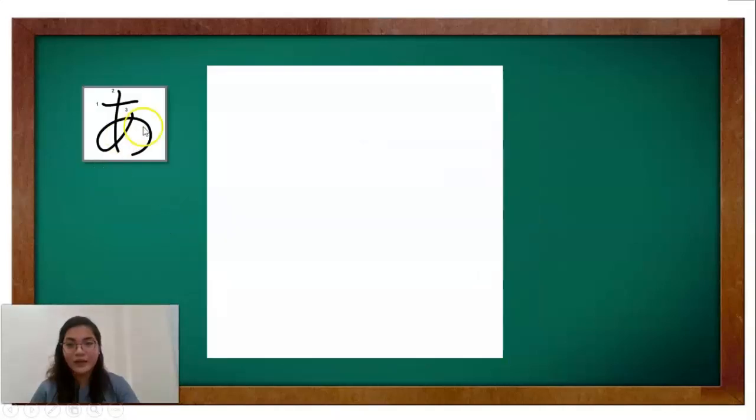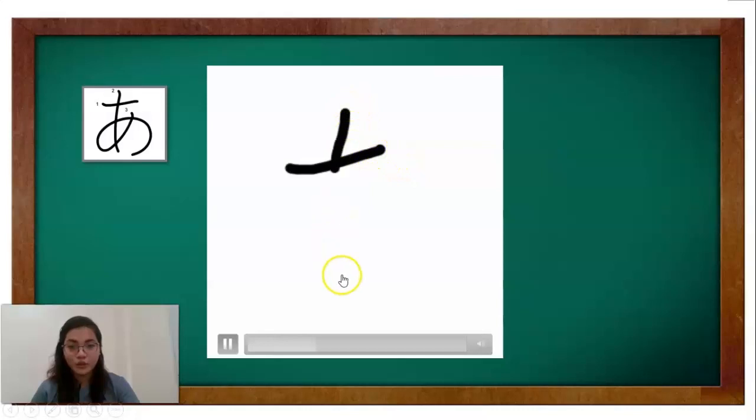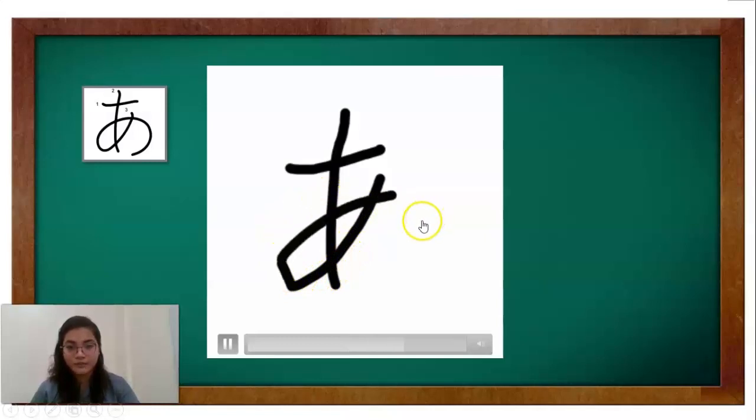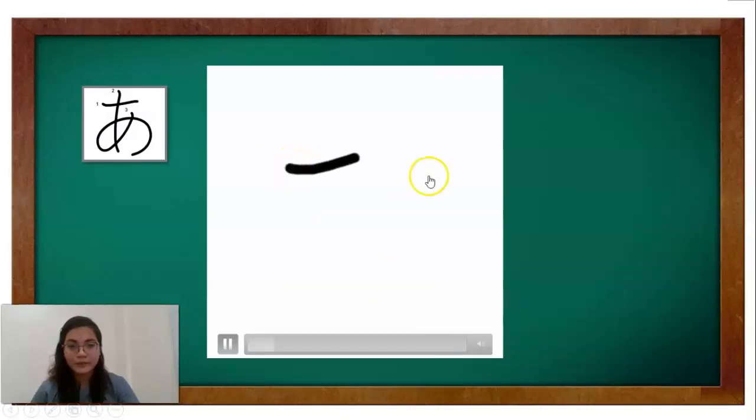A. A has 3 strokes. 1, 2, and 3. Okay, let's try it again. 1, 2, and 3.